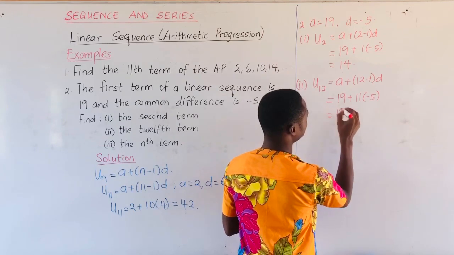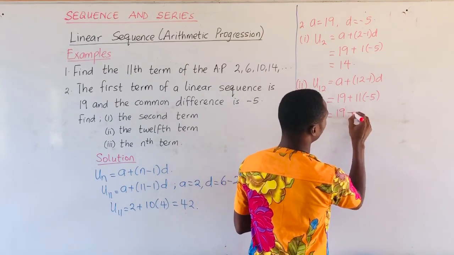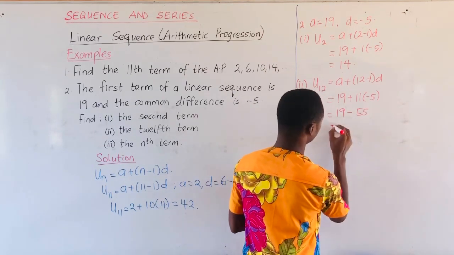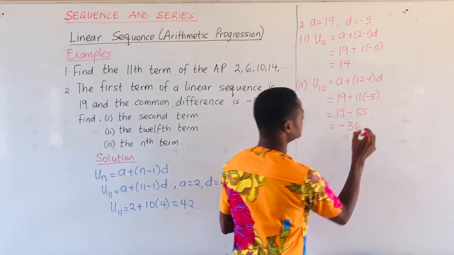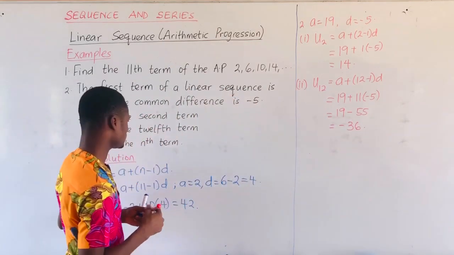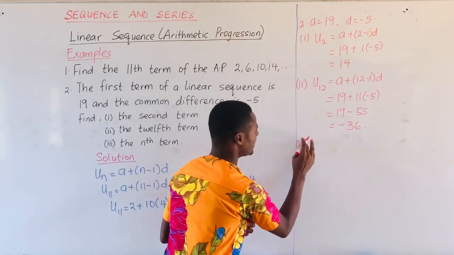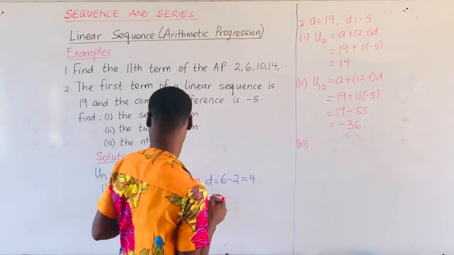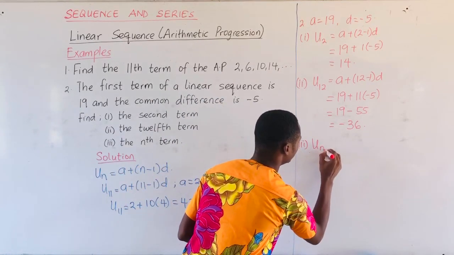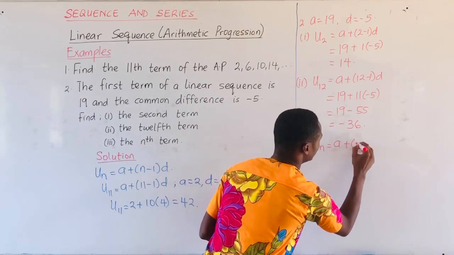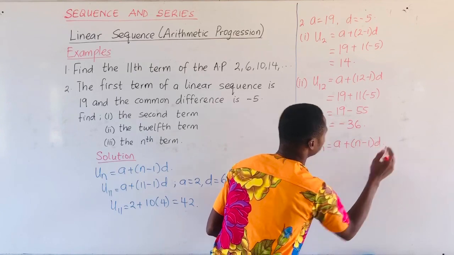And that is 19 minus 55, which will give us negative 36. And then the last one, the nth term. The nth term, that is the general term of an AP, which is given as Un equals a plus (n minus 1)d.